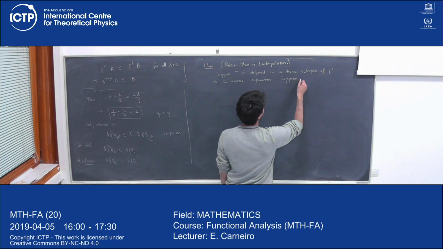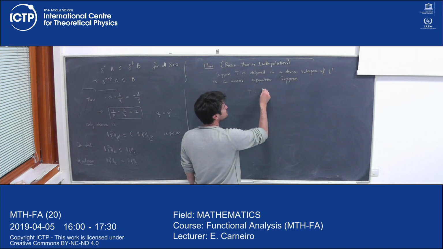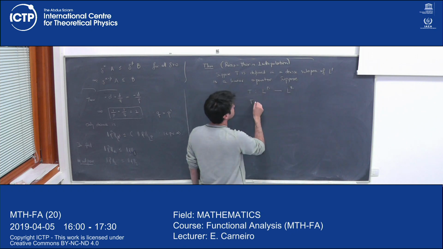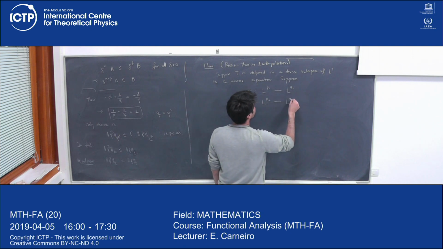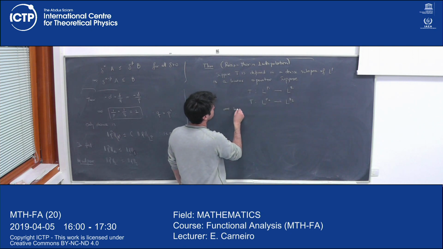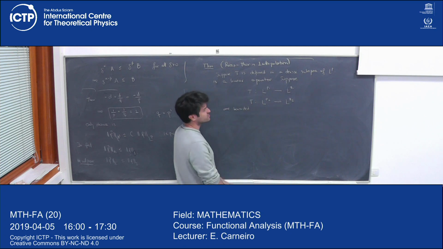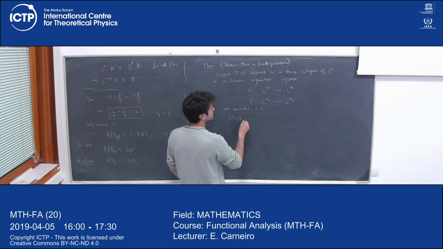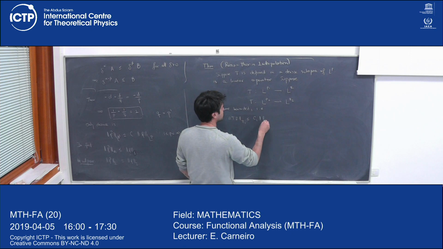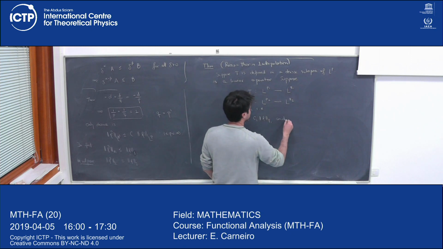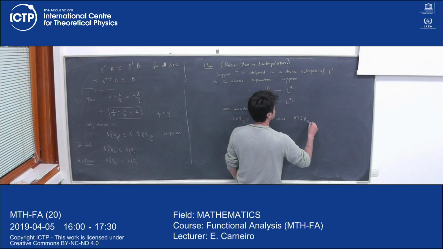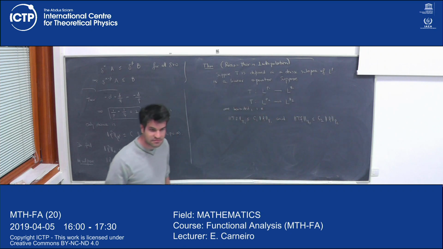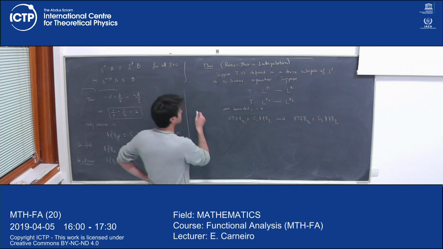So suppose T from L^p1 to L^q1 and T from L^p2 to L^q2 are bounded. That is, there exist constants such that the norm of T f in L^q1 is less than or equal to a constant C1 times the norm of f in L^p1, and the norm of T f in L^q2 is less than or equal to C2 times the norm of f in L^p2. So suppose that your operator is bounded between two pairs.